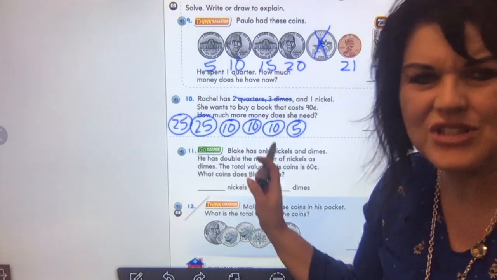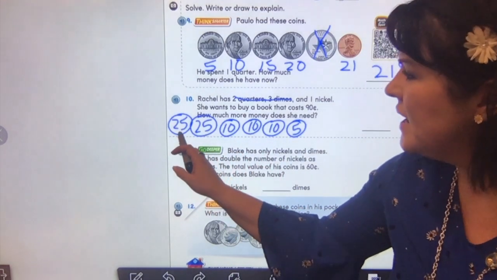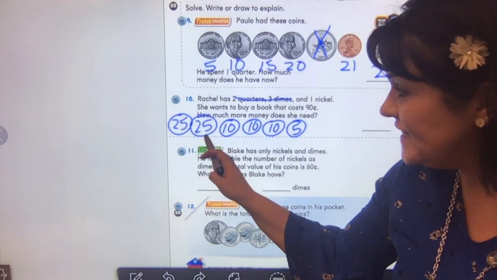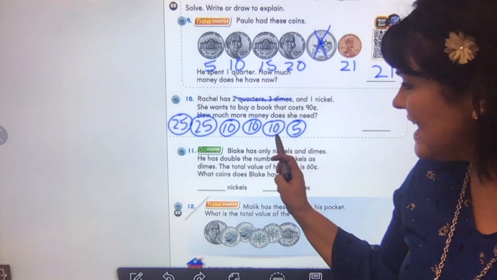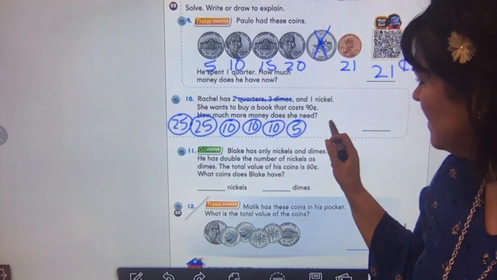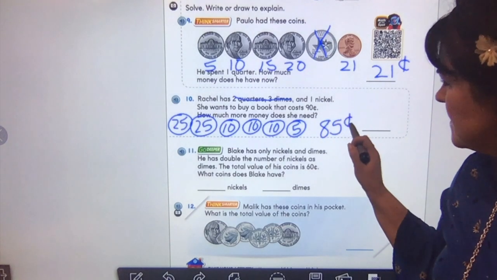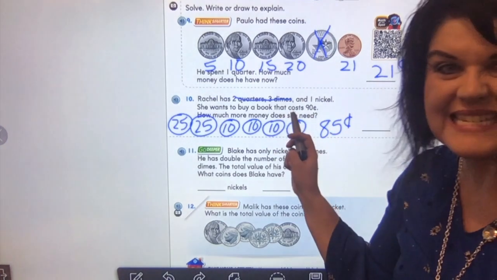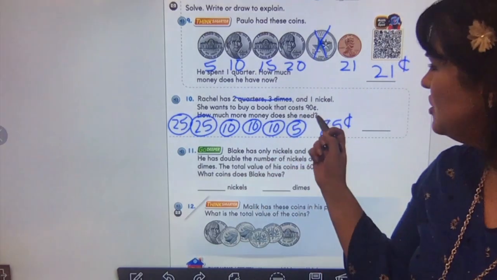Let's go ahead and count on and add up what we have in this collection of coins. 25, 50, 60, 70, 80, 85. We only have 85 cents, but the book costs 90 cents. What to do? What are we gonna do?